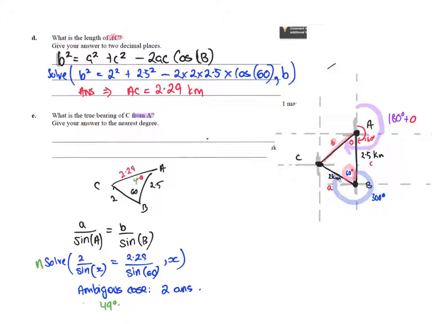Okay, so we know this is 49 degrees. So what is the answer? 180 plus the 49, which would equal 229 degrees true. That's the true bearing, and that's the answer there.